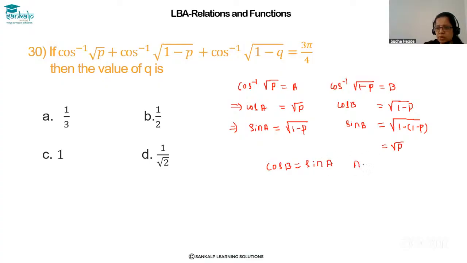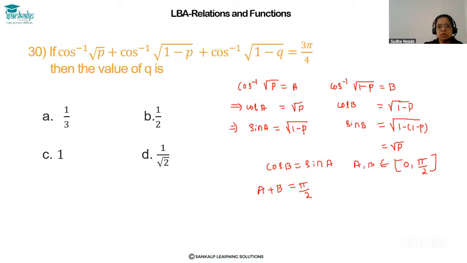And A, B belong to 0 to pi by 2. Then only cos B is equal to sin A is possible. Okay. Therefore, A plus B must be equal to pi by 2.